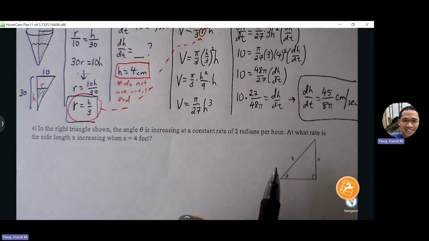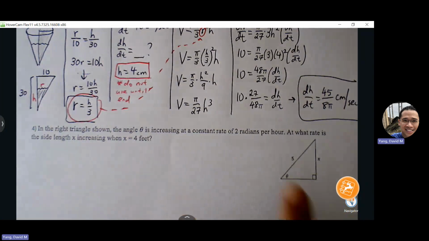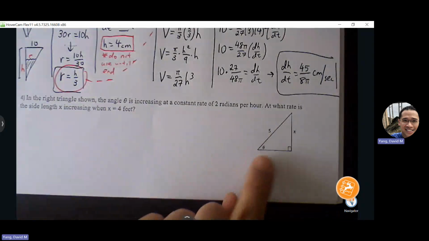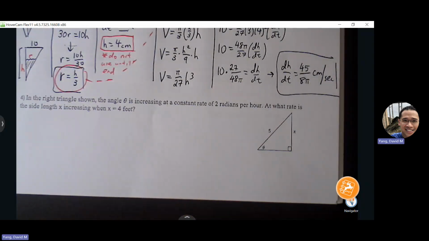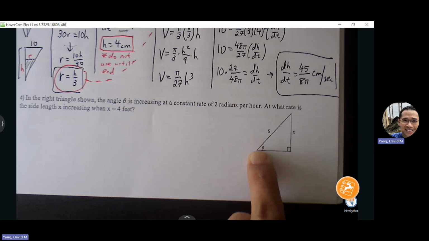So we know we're looking for dx/dt. We have theta involved. We know that anytime we see theta in related rates, we've got to build a trig equation. So we're always going to start off with either sine, cosine, or tangent. Look at theta, look at x, look at 5, look at where they're located in relation to theta. What's going to be our best fit? Sine, right?